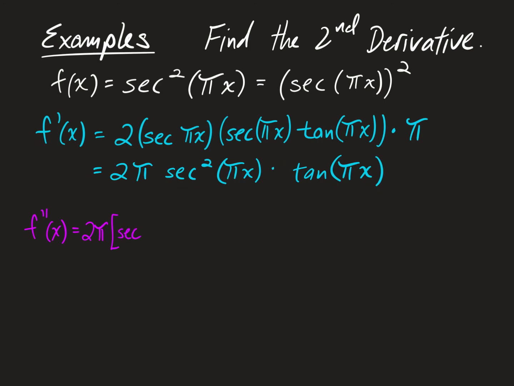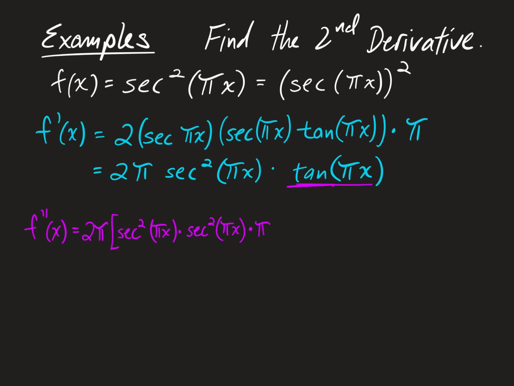So secant squared pi x times the derivative of the second function here, tangent pi of x, which actually has a sneaky chain rule here, right? Because this inner function isn't just x, it has an operation happening to it. So the outer function here is tangent. The derivative of tangent is secant squared. Leave the inside alone. Take the derivative of the inside function.